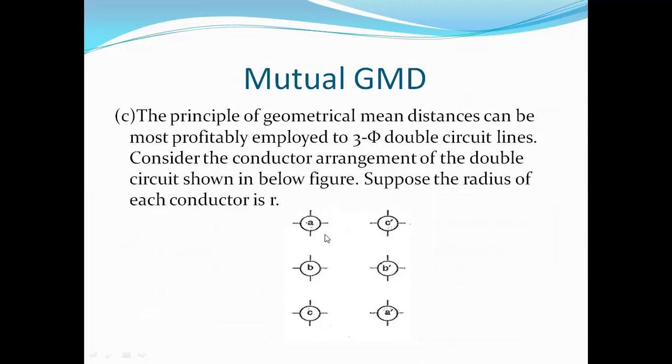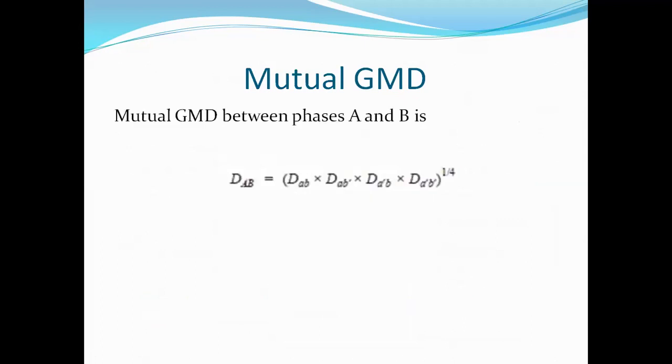But for mutual, we have three combinations: AB, BC, and CA. So how many conductors are there? Three: A, B, C. So we have to find four combinations in between two conductors. So mutual GMD between phase A and B.